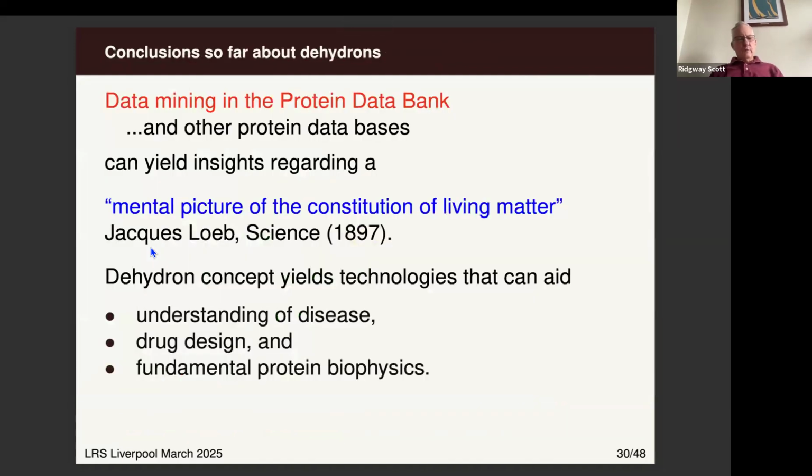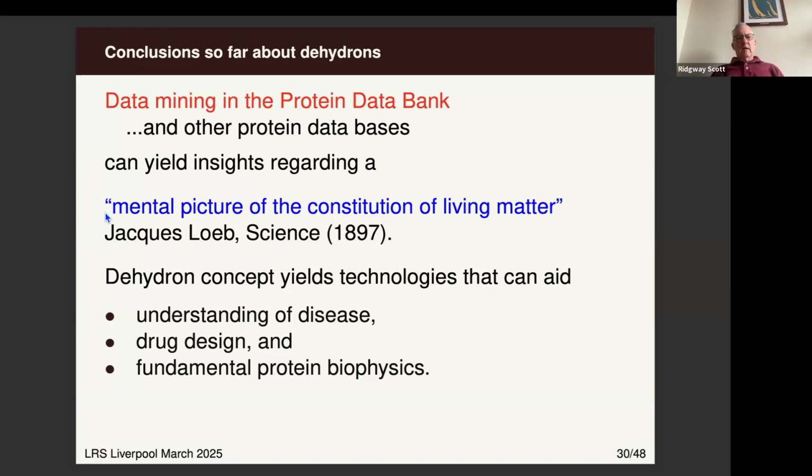Okay, so conclusion so far. I want to move on to data deserts. So we've been looking at data mining in the Protein Data Bank and other databases. And what it has done for us is give us this, quote, a mental picture of the constitution of living matter.